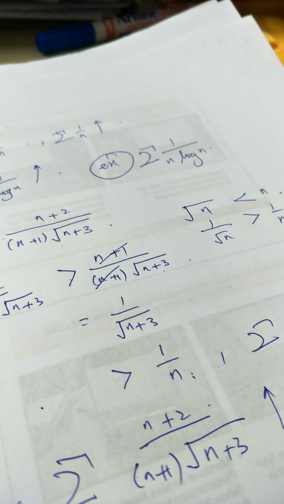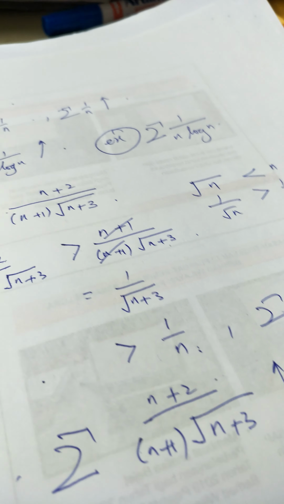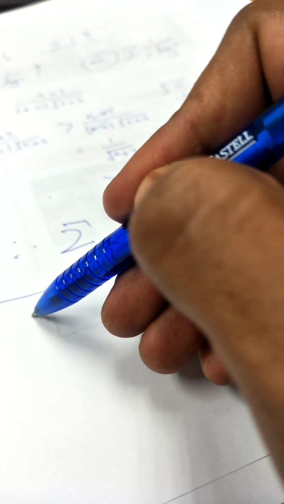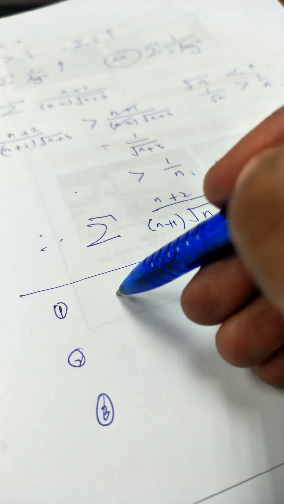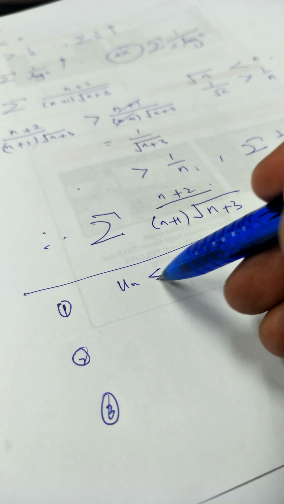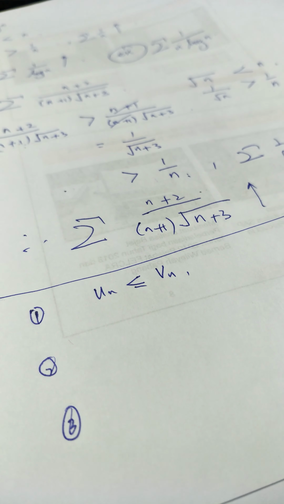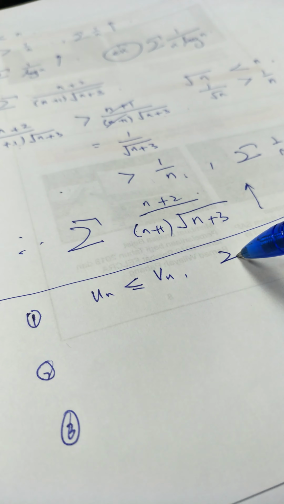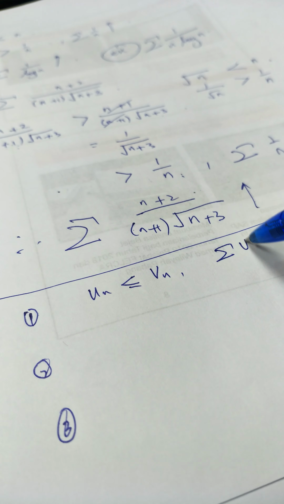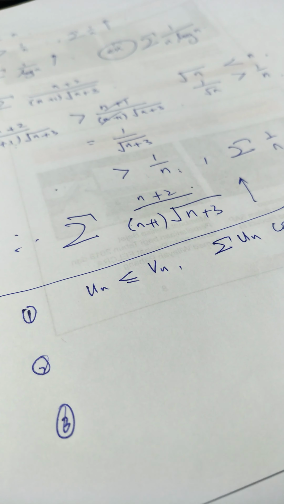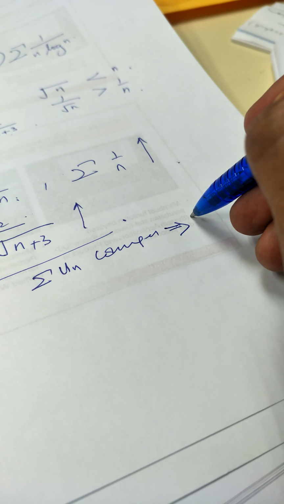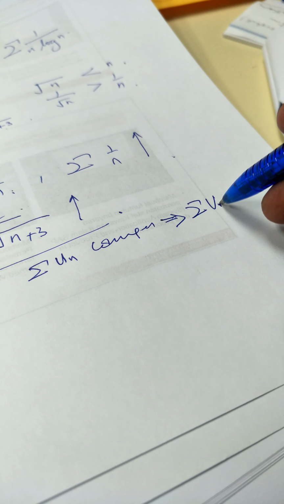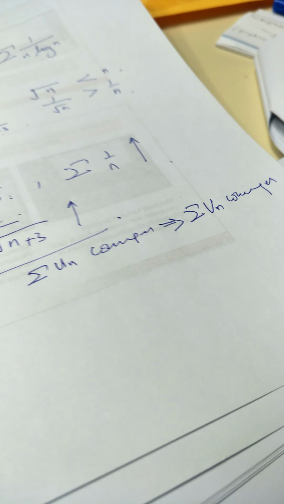Okay, so I'll stop here for this video. Let me recap. The important thing is that you have three tests. The first one: if un is less than vn, and vn converges, meaning the bigger series converges, then the smaller series also converges.